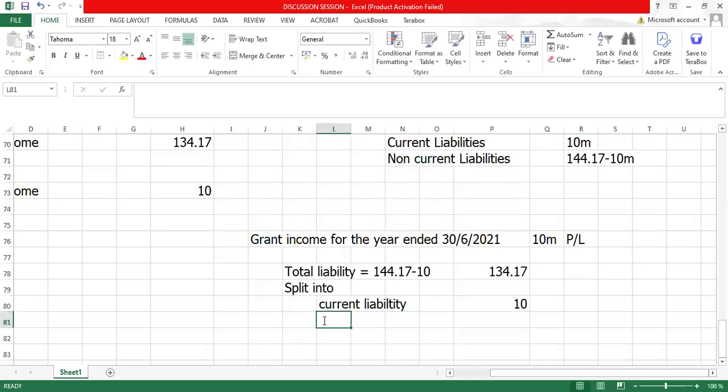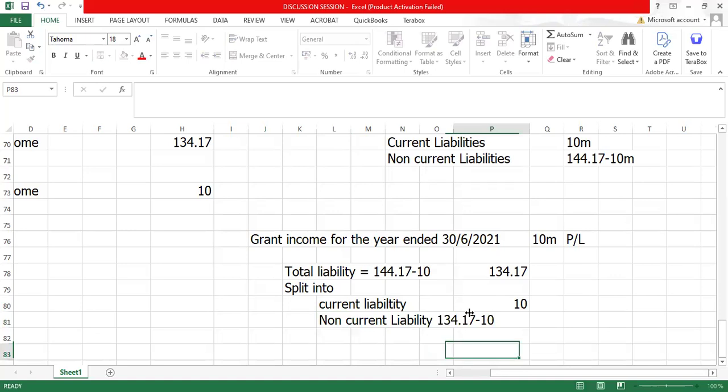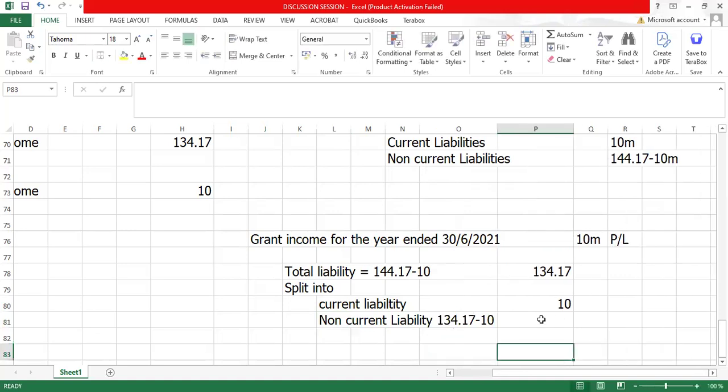Then the non-current liability will be what? 134.17 minus 10. That will be your non-current, which is 124.17.